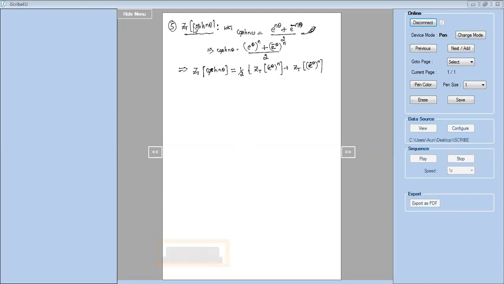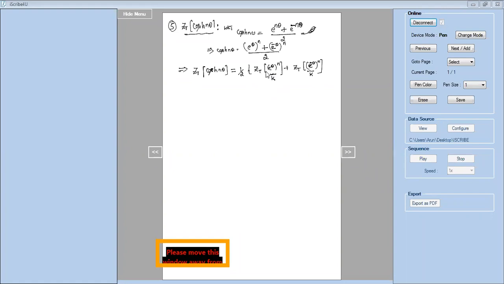I'm taking the Z transform on both sides. Now just assume that this e^θ is k. If I take this one also as k, it looks like the Z transform of k^n. And you know the Z transform of k^n is z by z minus k.